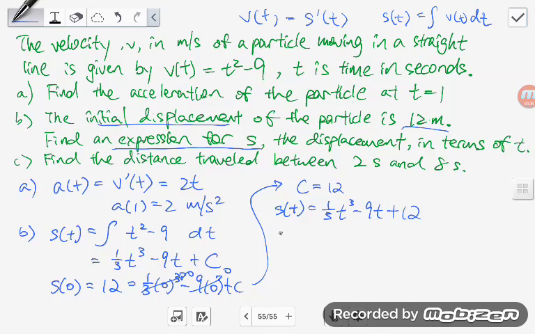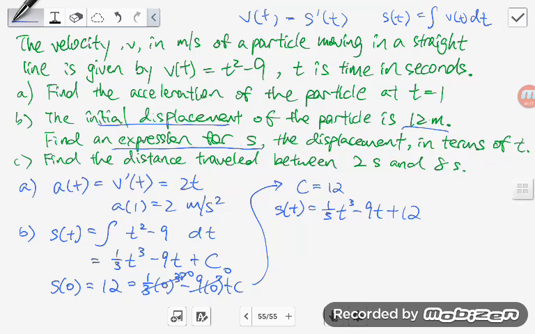Okay, that's it. Now for part C, it's a bit tricky. They want us to find the distance. Finding the distance is sort of similar to our displacement in a way, but my displacement has a sense of direction, going left or going right, so sometimes things get canceled out.